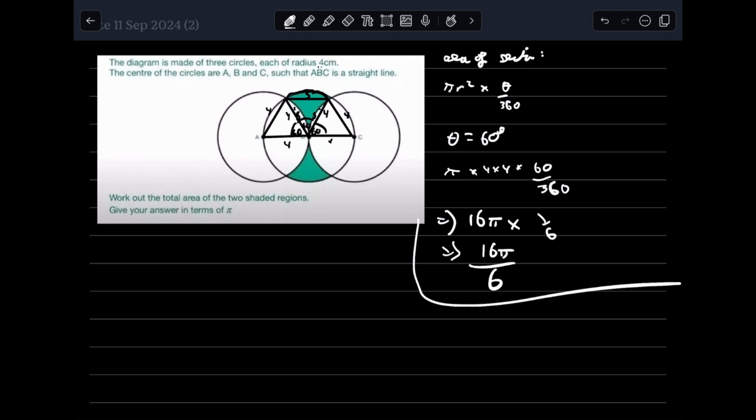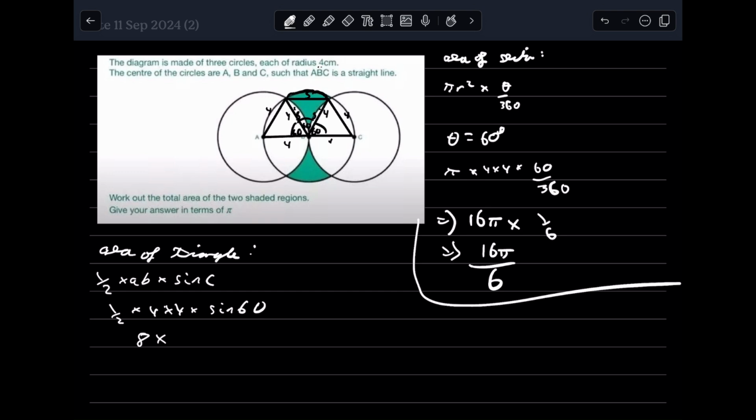Okay, that's good. Now we need the area of the triangle. This is slightly harder. So we know the angle is 60, so therefore we can use the formula half times ab sine C equals area. So we can sub our values in. Half times 4 times 4 times sine 60.